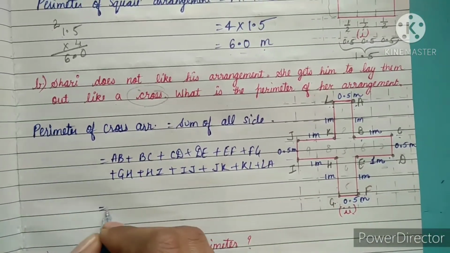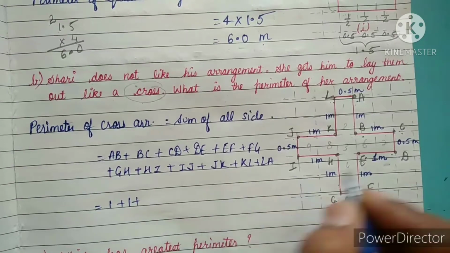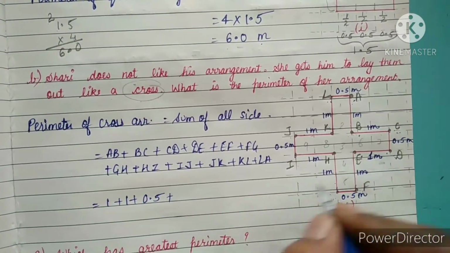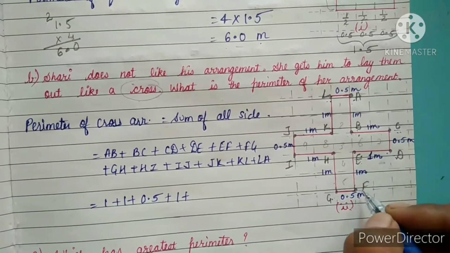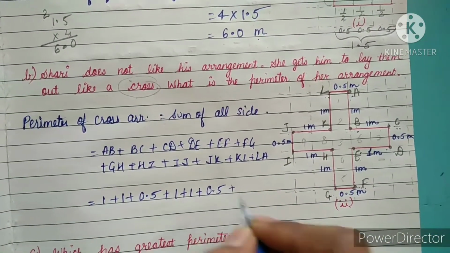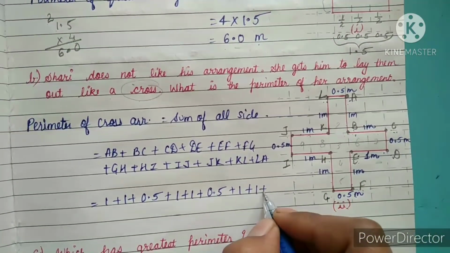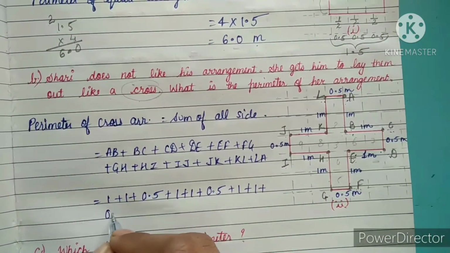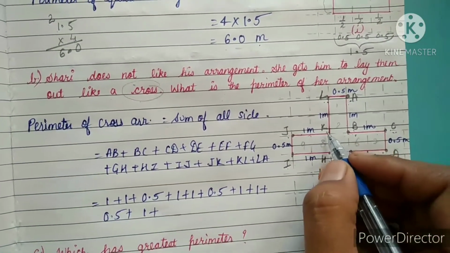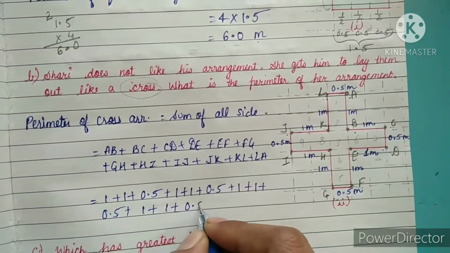AB is 1, BC is 1, CD is 0.5, DE is 1, EF is 1, FG is 0.5, GH is 1, HI is 1, IJ is half, JK is 1, KL is 1, and LA is 0.5.